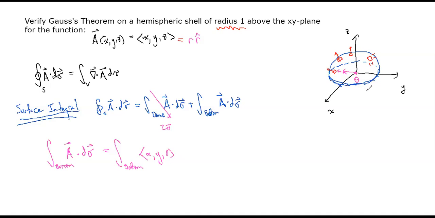Okay, what is the surface element d sigma for the bottom? Which way does it point for a closed surface?